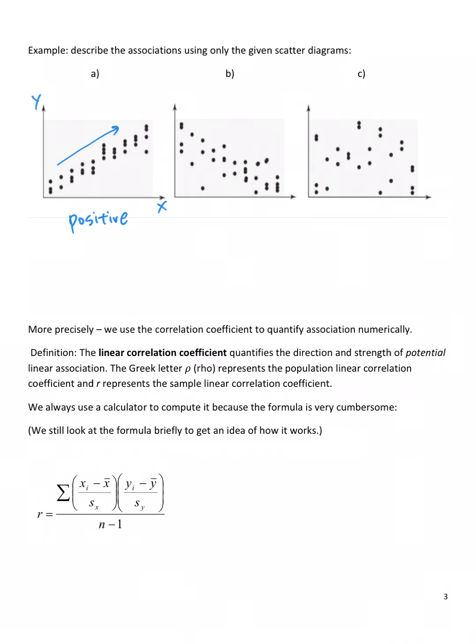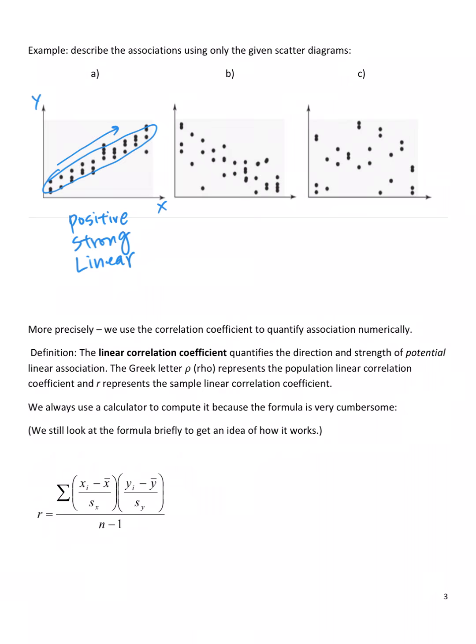I would also say that the association is pretty strong because the shape and the direction of the association is clear. And I will also say that the association is probably linear.